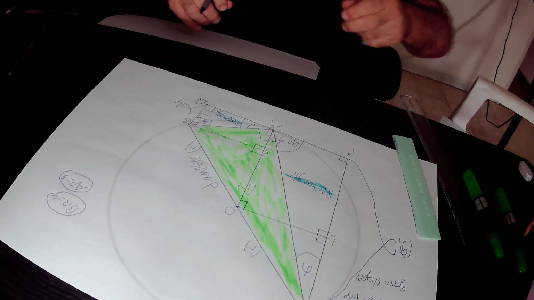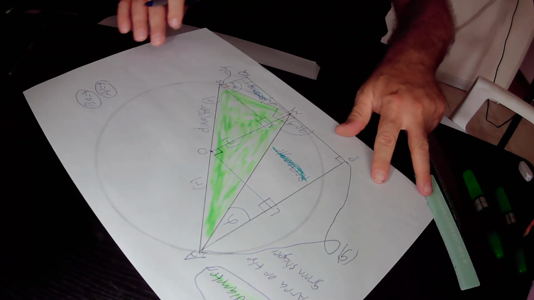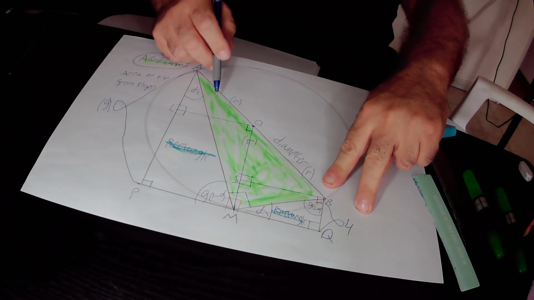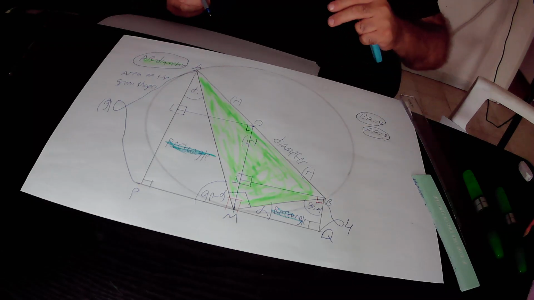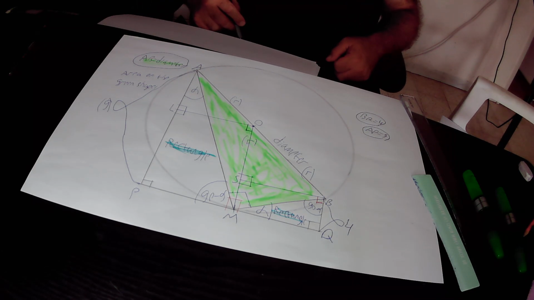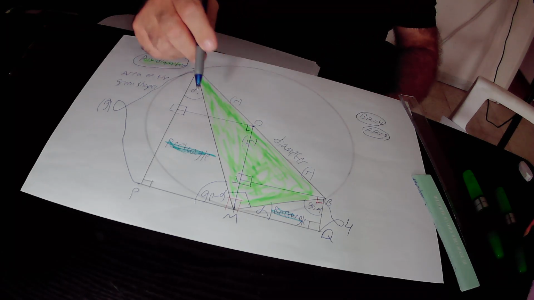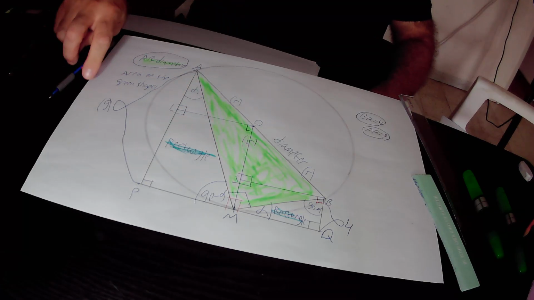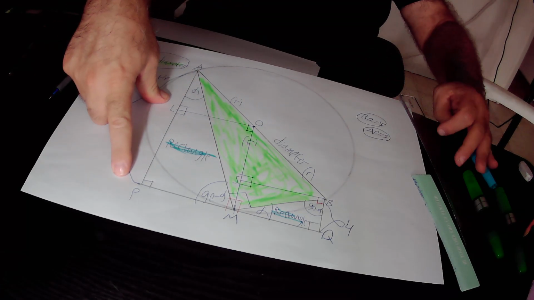In the next step, we focus on the big rectangle LOMP. We know that the opposite sides of a rectangle are parallel to each other. So in rectangle LOMP, side LP is parallel to the opposite side OM. But LP is part of the straight line AP.